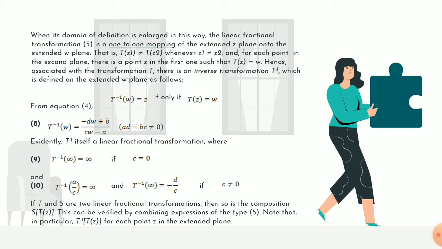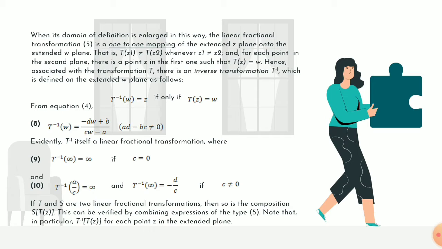The inverse transformation T^-1(w) = z if and only if T(z) = w. From equation 4, T^-1(w) = (-dw + b)/(cw - a).